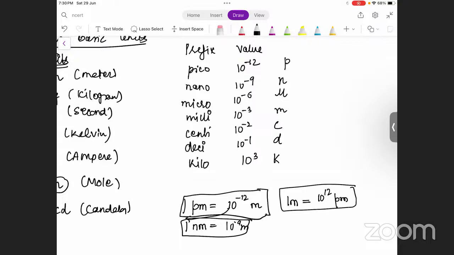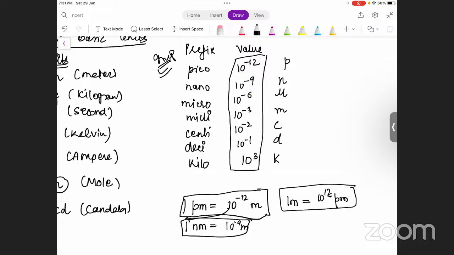Whether you put kilometer, kilogram, these are the values which you should learn. These are important for you to know, because these things will help you in the conversions. The only confusion will be whether I put positive 12 or negative 12.